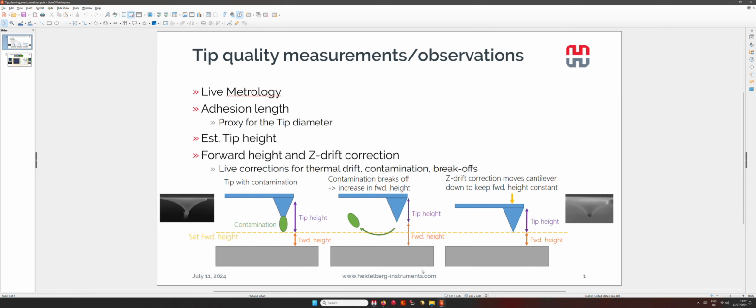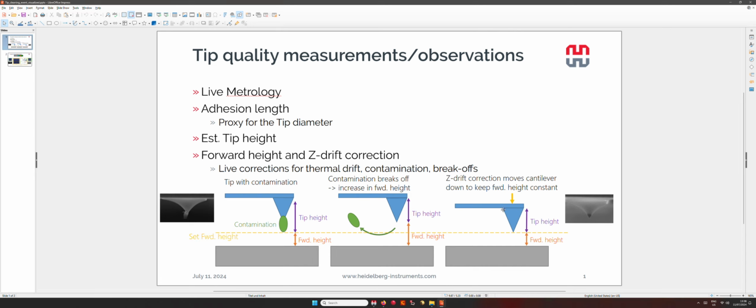All across this field, we want to use always the same forward height. So what happens if we have some contaminations or blunting or some thermal drift? Well, we have this Z drift correction. In this case, we have a contamination when we start writing, and then we set this forward height, but during the patterning this contamination can break off, and this means that our tip height decreases, so the forward height increases.